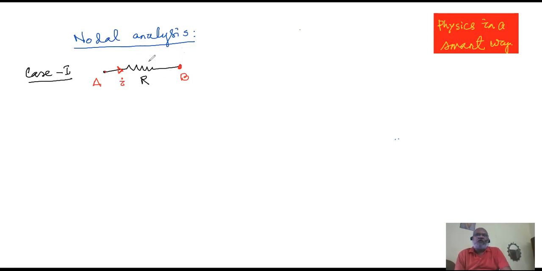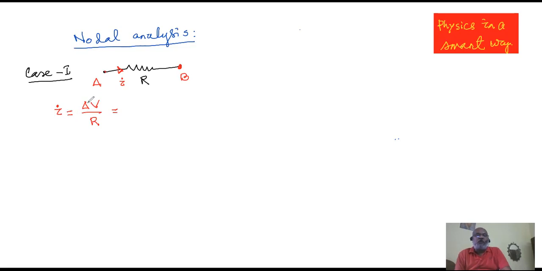And here I remind you of another important theorem in current electricity that is very well known, that is Ohm's law, which says current in a resistor must be equal to the potential difference across it divided by the resistance.